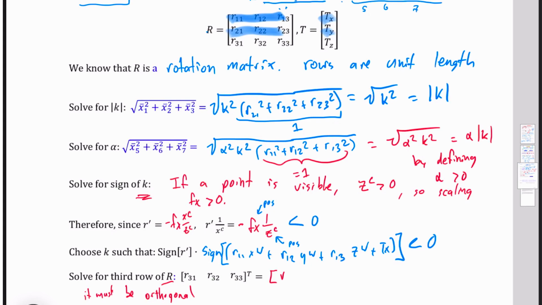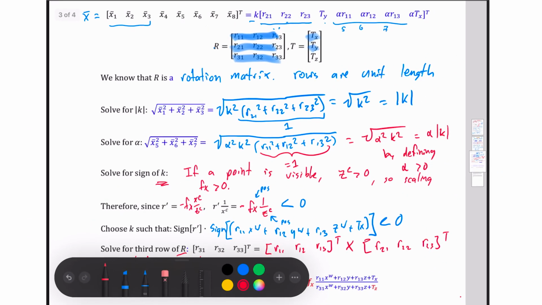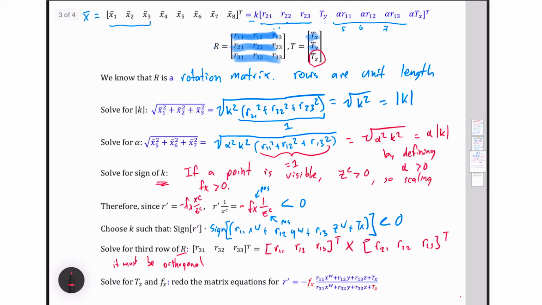So that is r11, r12, r13 transposed with the second row, which is r21, r22, r23 transpose.